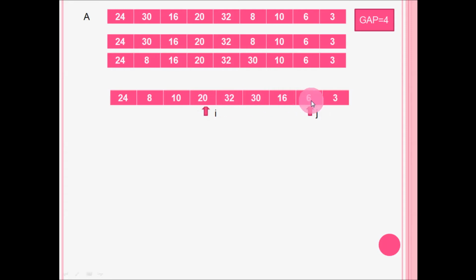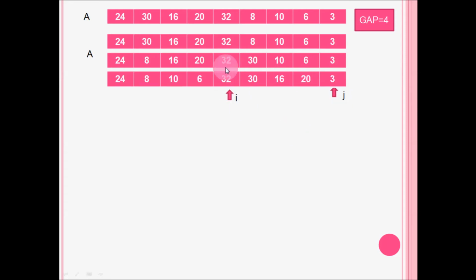Is swapping needed? Yes. So 6 is here and this 20 is here. One thing is very important here: when we swap these two elements, we have to look 4 steps backward: 1, 2, 3, 4. No element is present there.